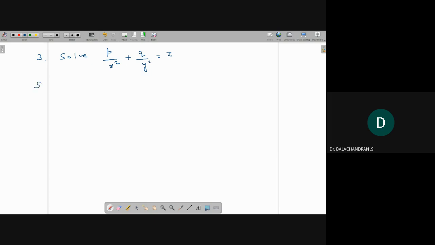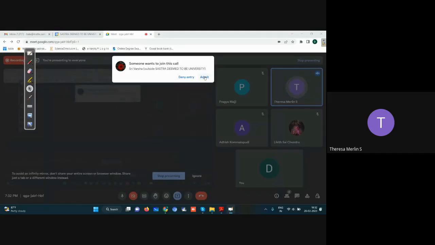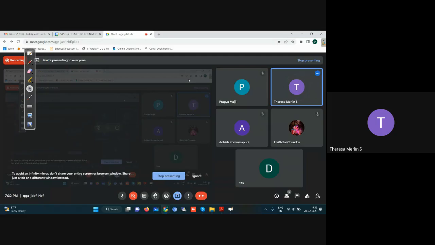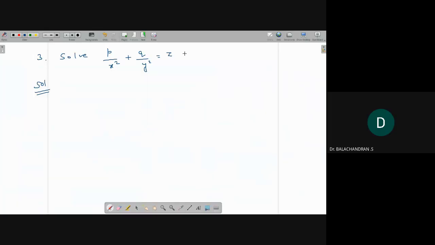You should divide by z, sir. If you divide by z, then what happened? P by x square into z plus q by y square into z is equal to 1.